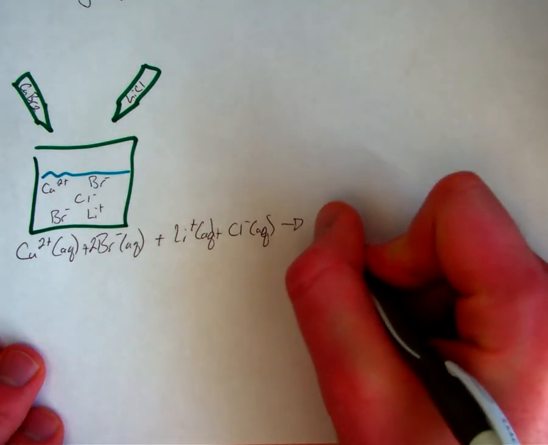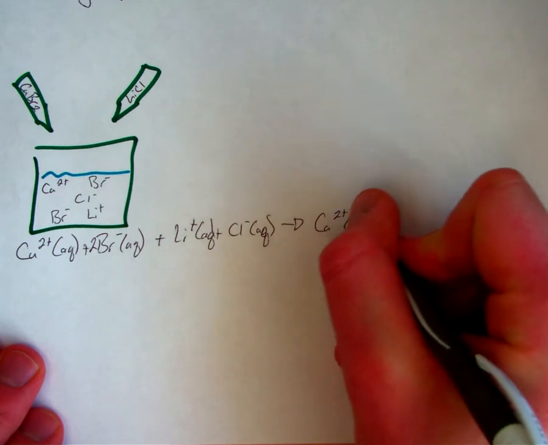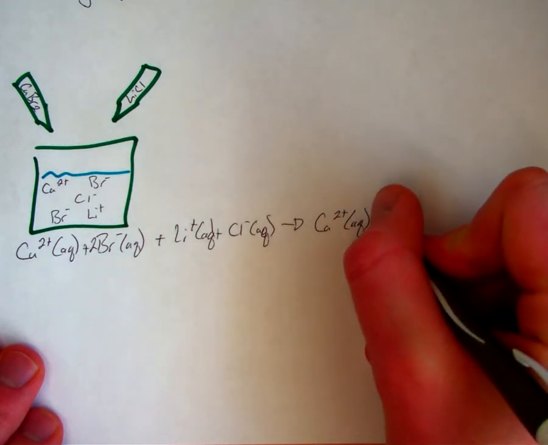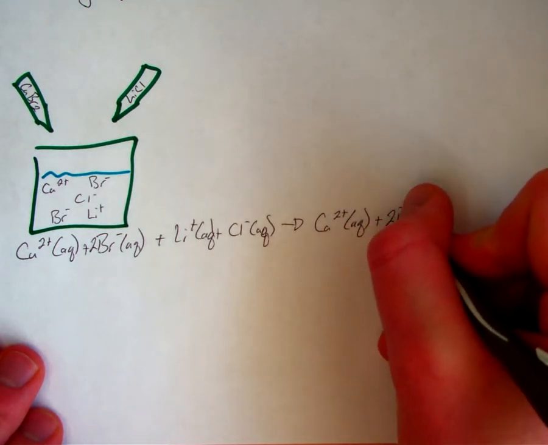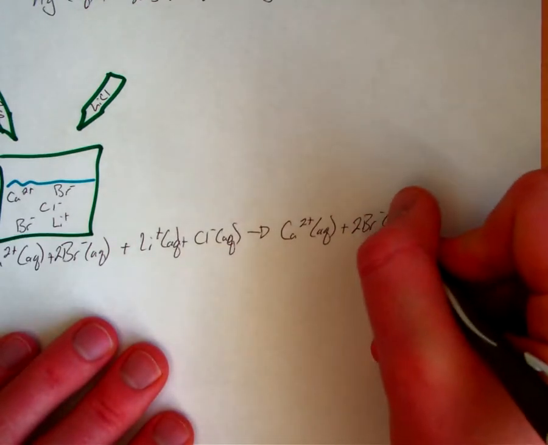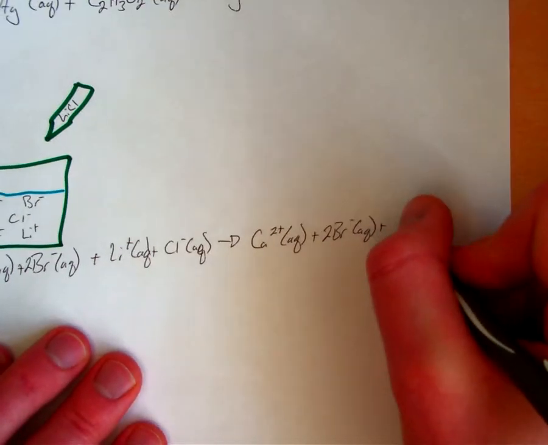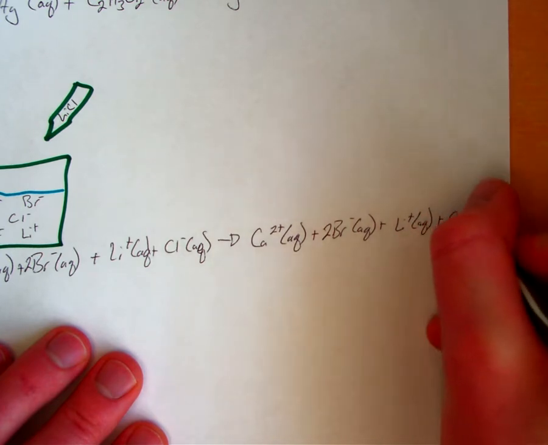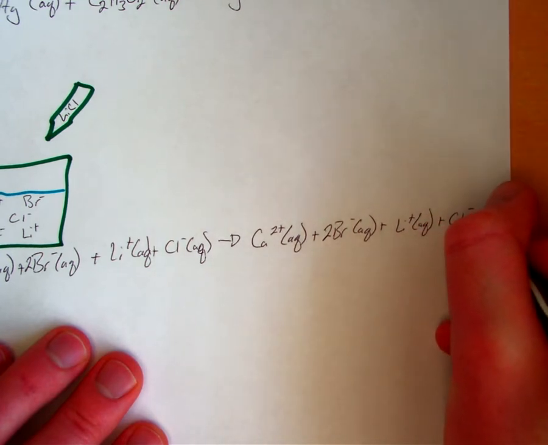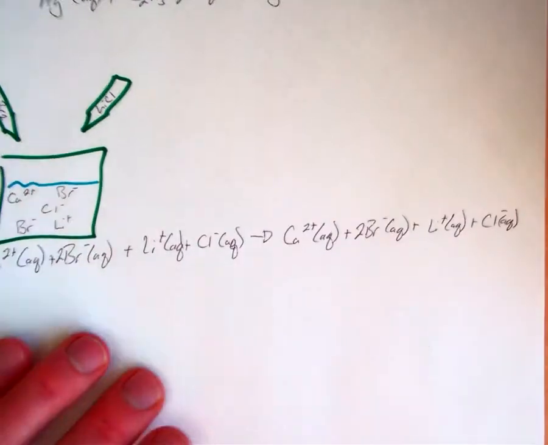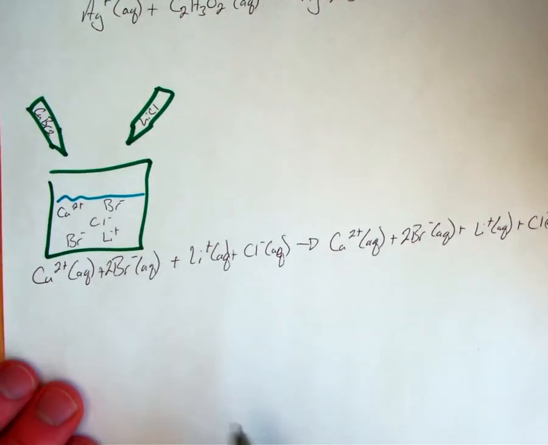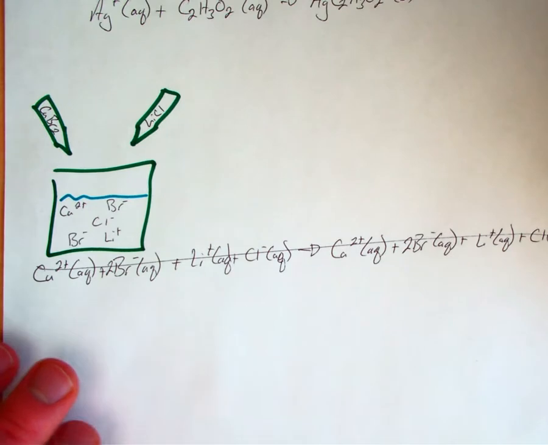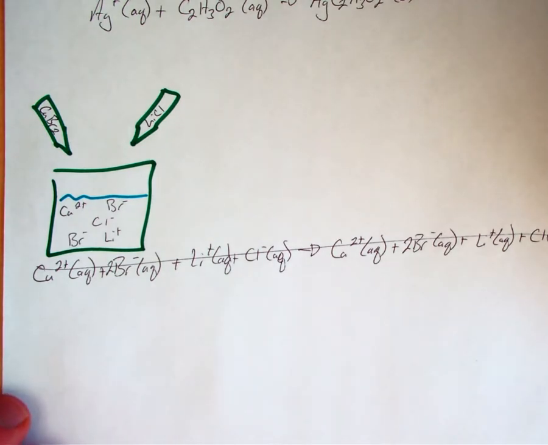So we've got calcium, we've got 2 bromines, plus lithium, plus chlorine. All right. Now, if we're writing our net ionic equation, nothing changed. So we don't really have to sketch that, since nothing is insoluble in the water. Everything is soluble.